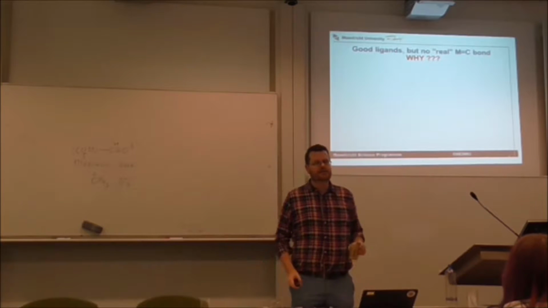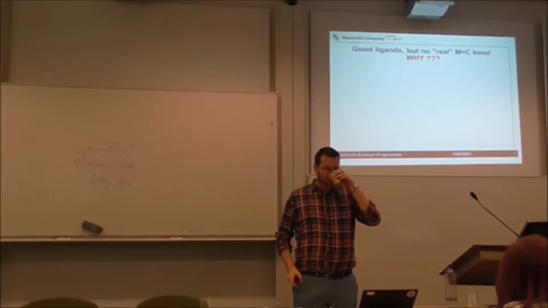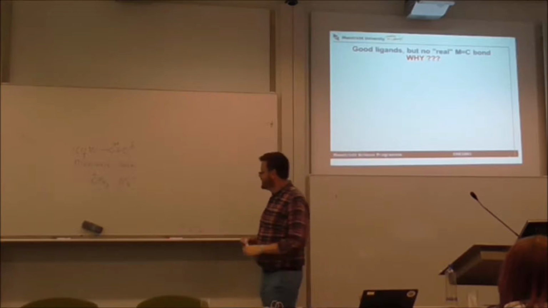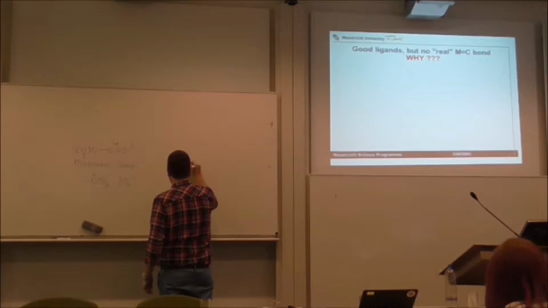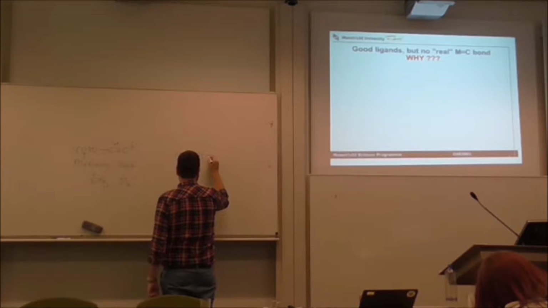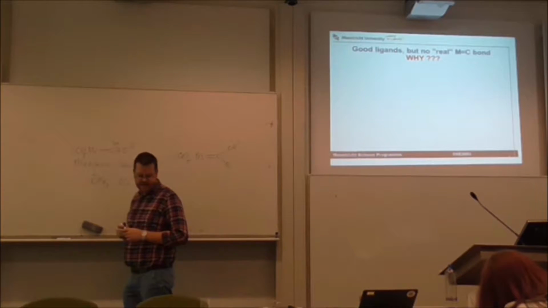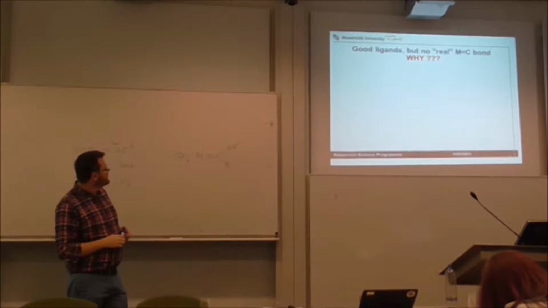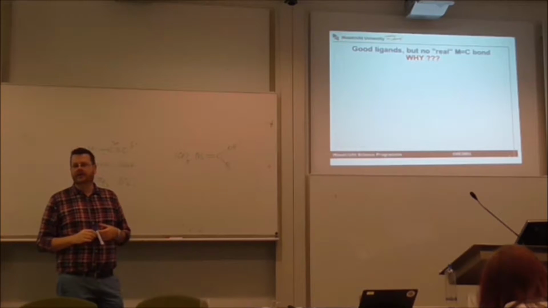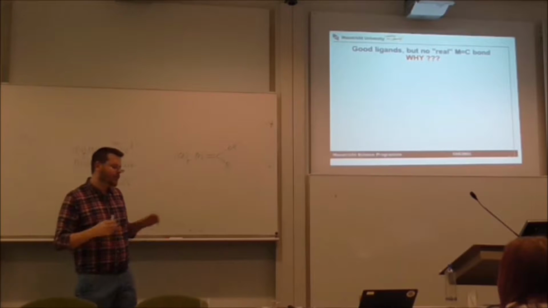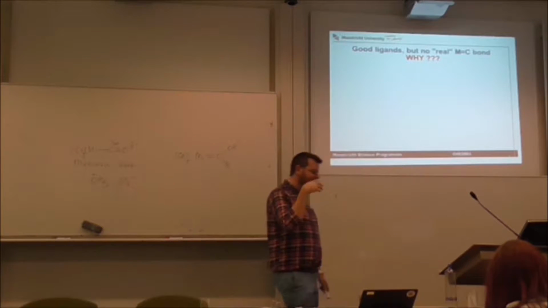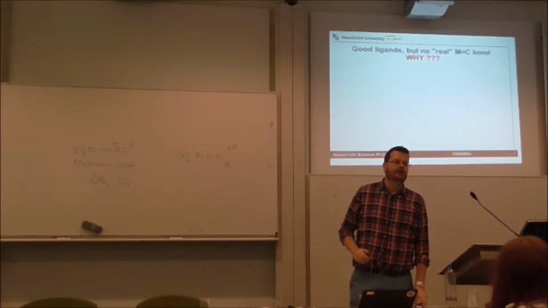Why is that? So let's draw the structure of a classical Fischer carbene. M is a group 6 metal. My statement is that's not a real metal-carbon double bond, but I've drawn it there as a metal-carbon double bond. Why is that not really a double bond formally?